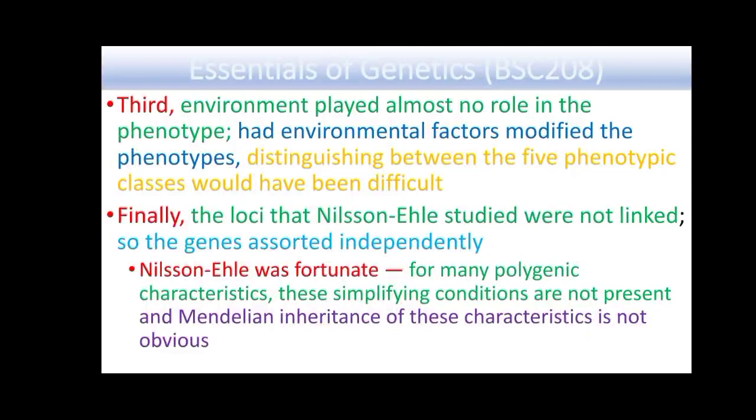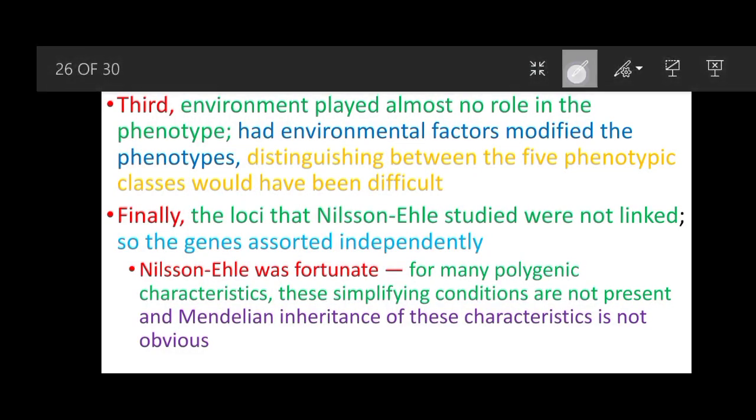The third condition was that environment had almost no role in producing the phenotype. If environmental factors had been there, modifying the phenotypes, then distinguishing between the five phenotypes would also have been very difficult for Nelson.